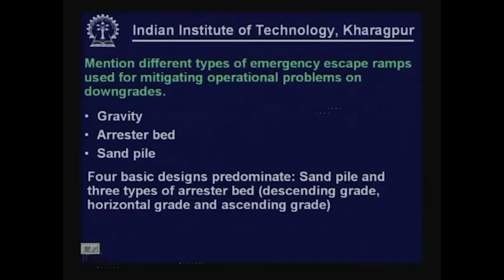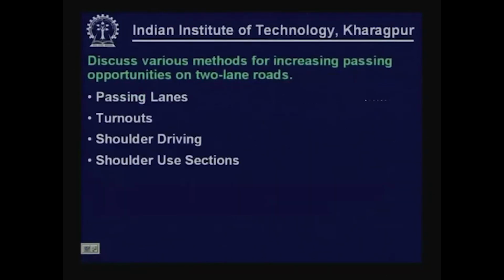The next question was, mention different types of emergency escape ramps used for mitigation of operational problems on downgrade. There are gravity type, arrested bed type and sand pile type, but 4 basic designs predominate. One is the sand pile type, and there are 3 types of arrested bed: descending grade, horizontal grade and ascending grade.